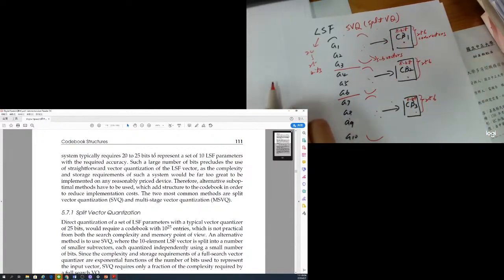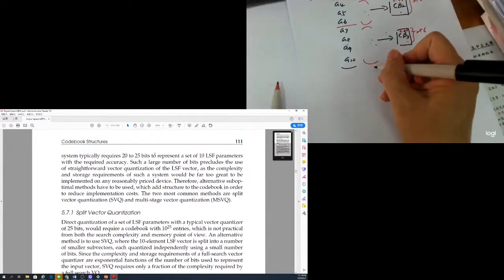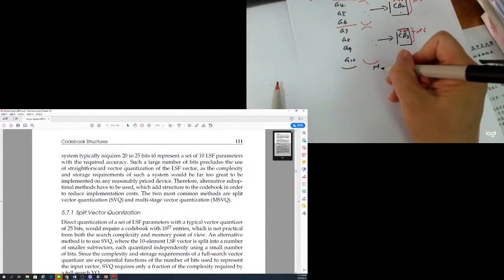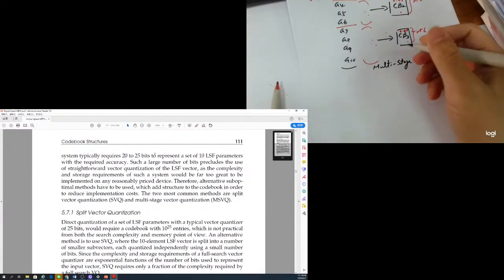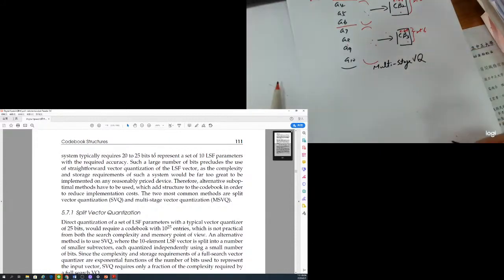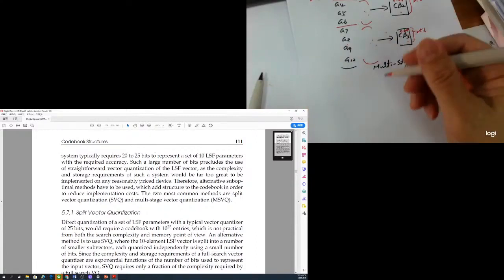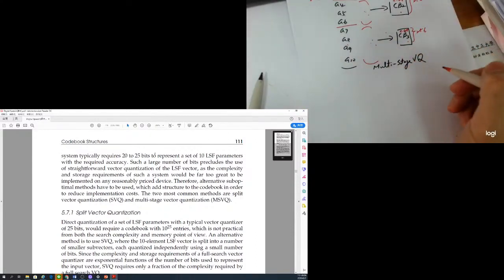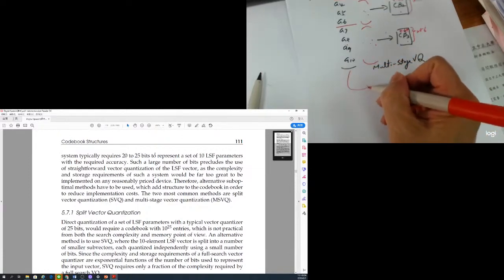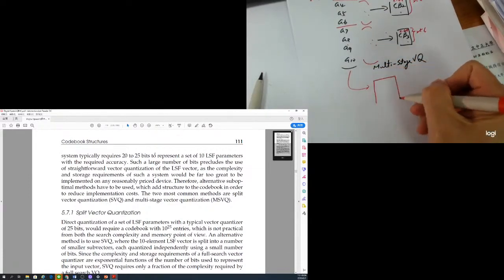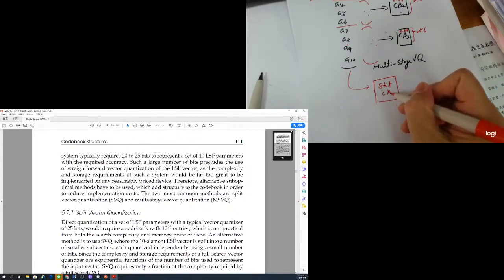Another one is called multi-stage vector quantization. We can use a three-stage codebook. So this one is your vector. There will be a codebook here.